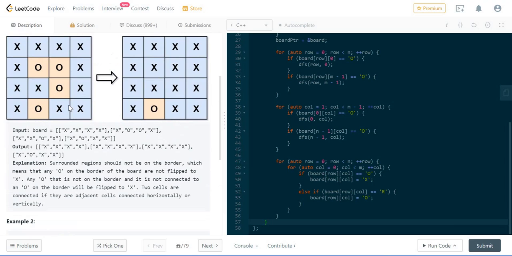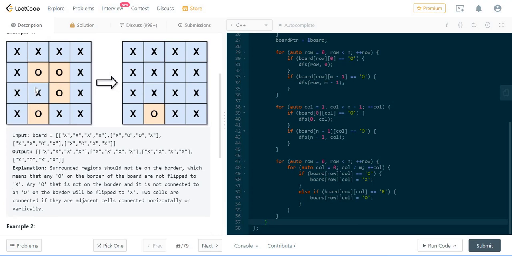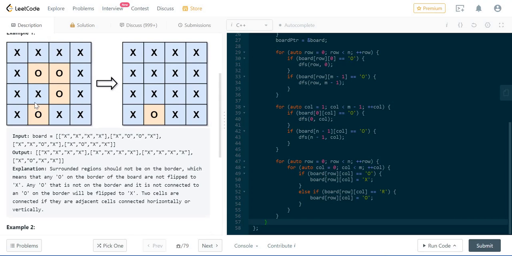So there is only a horizontal or vertical relation between the cells. A particular region cannot be captured if it is on the boundary. See, this O is on the boundary, so in the resultant it's still there, we cannot capture it.